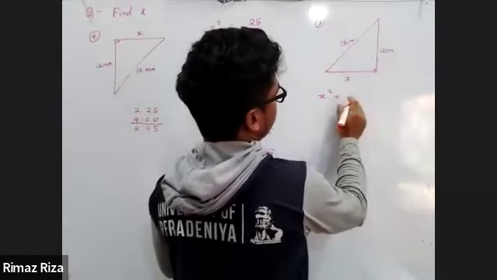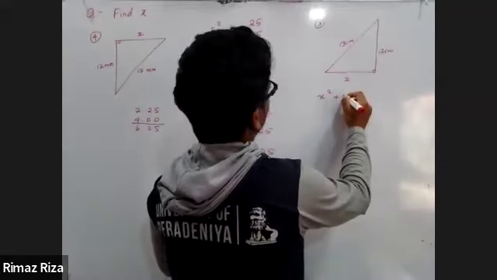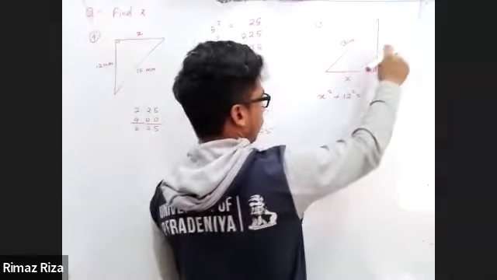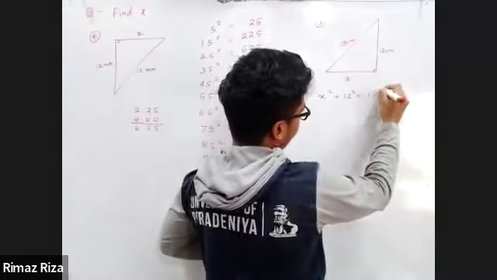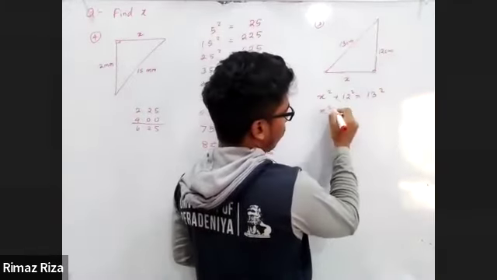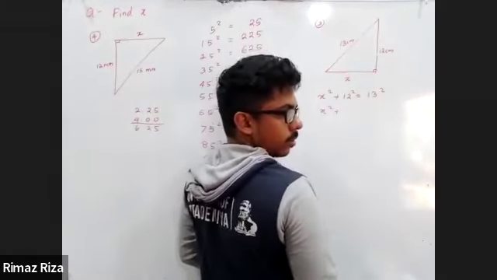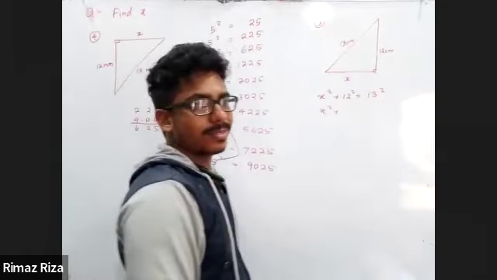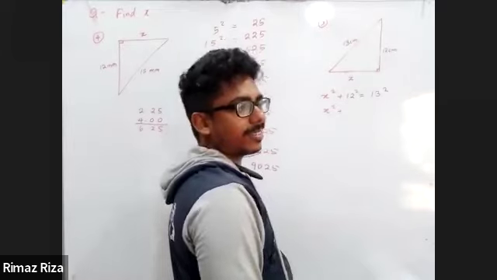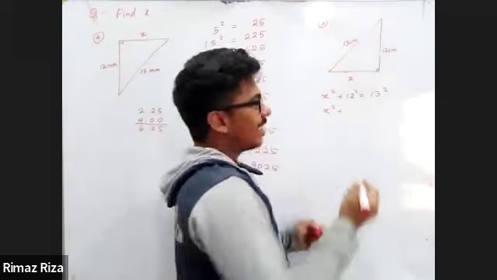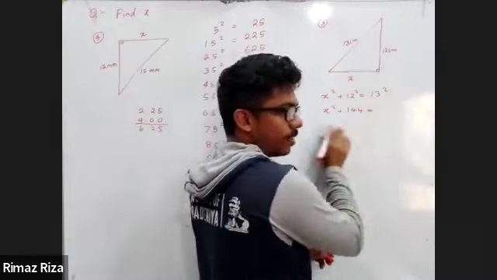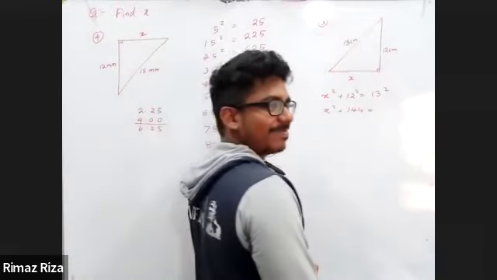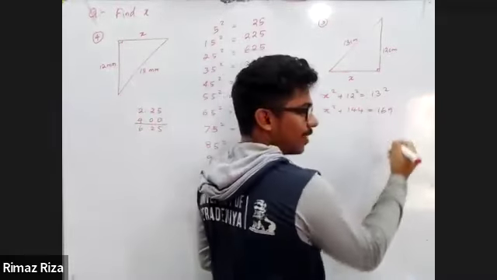So 12 squared is 144. Just say the 144. And 13 squared is 169. Just now I told you.